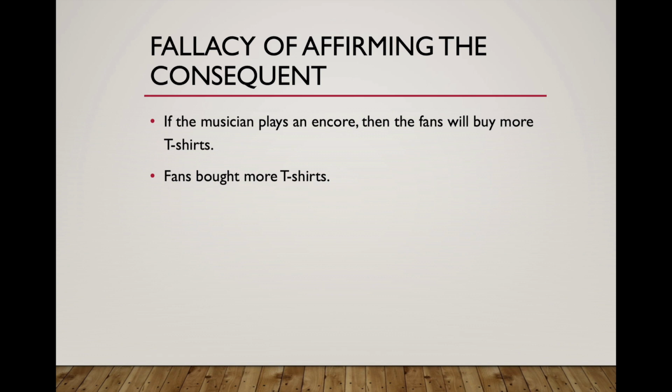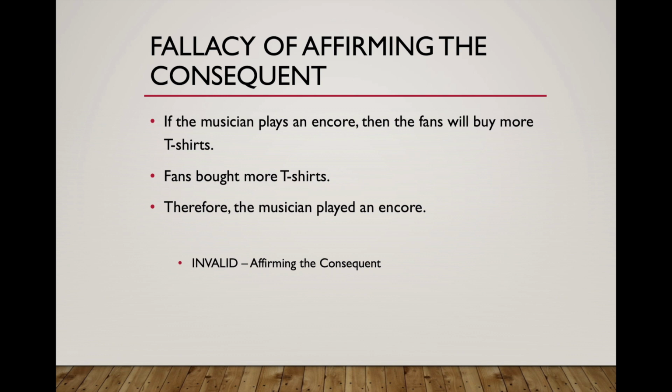Why? Because it tells us if the musician plays an encore, fans will buy more t-shirts. But it doesn't tell us that that's the only reason fans buy more t-shirts. They could be buying more t-shirts for lots of different reasons. It only tells us if he plays an encore, then they will buy t-shirts, but they could be buying t-shirts for lots of other reasons as well.